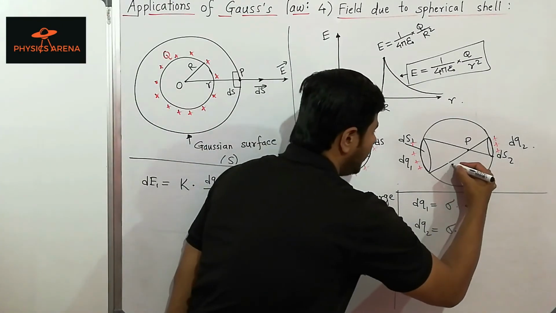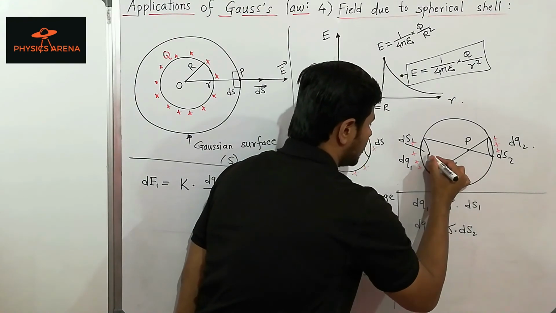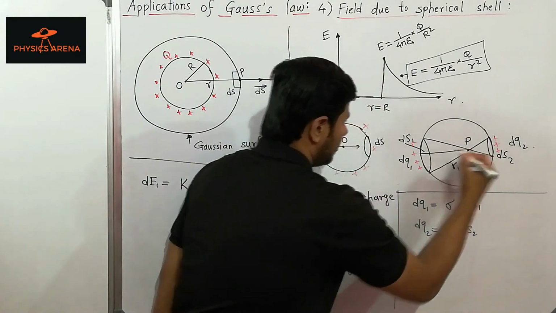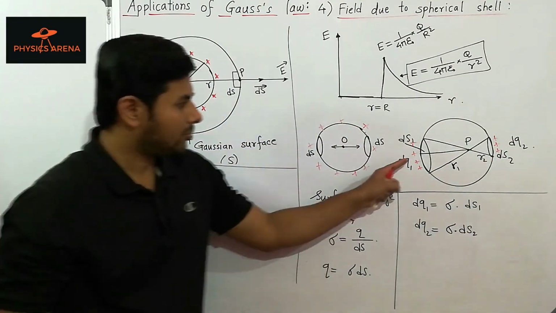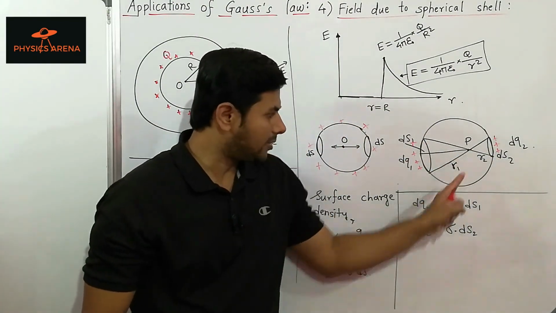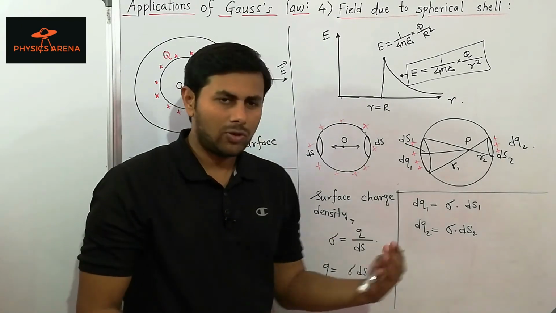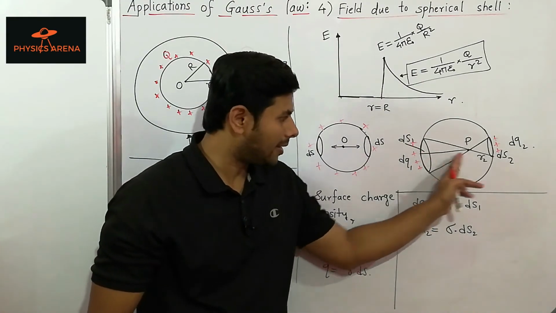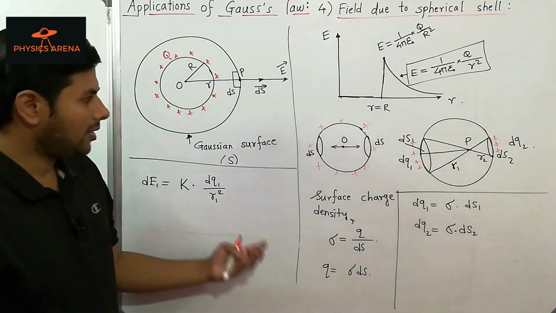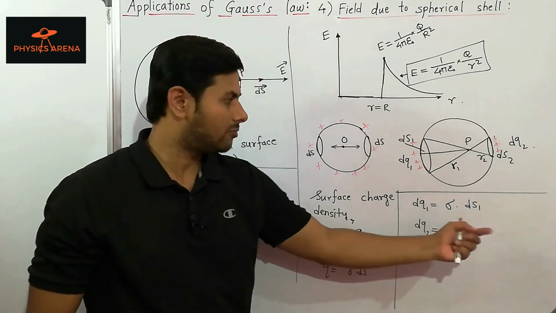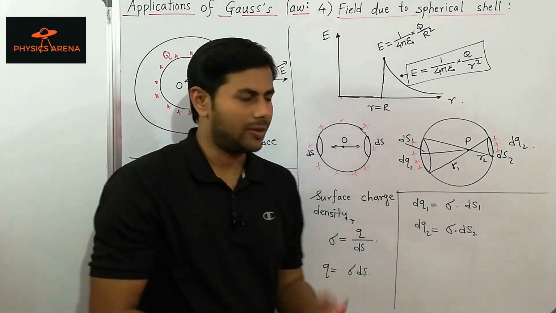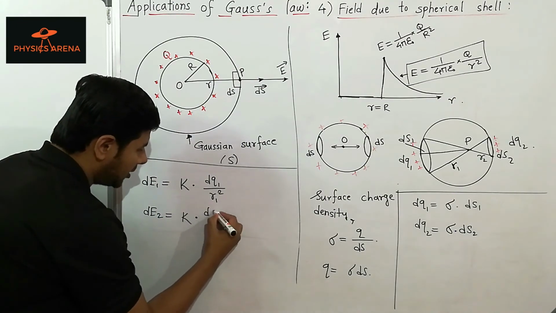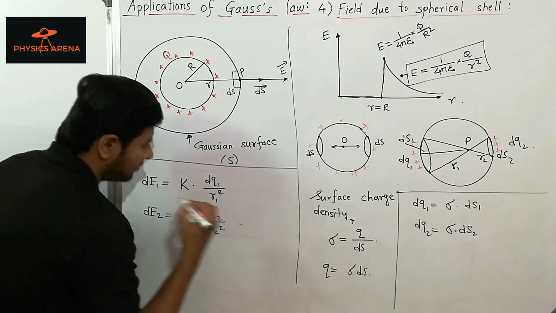This distance is r1, and this distance is r2. So the electric field due to this surface at this point is k into the charge on this surface divided by r1 square, and the electric field due to that surface, which will be directed opposite to this electric field, dE2, is k into dq2 over r2 square.